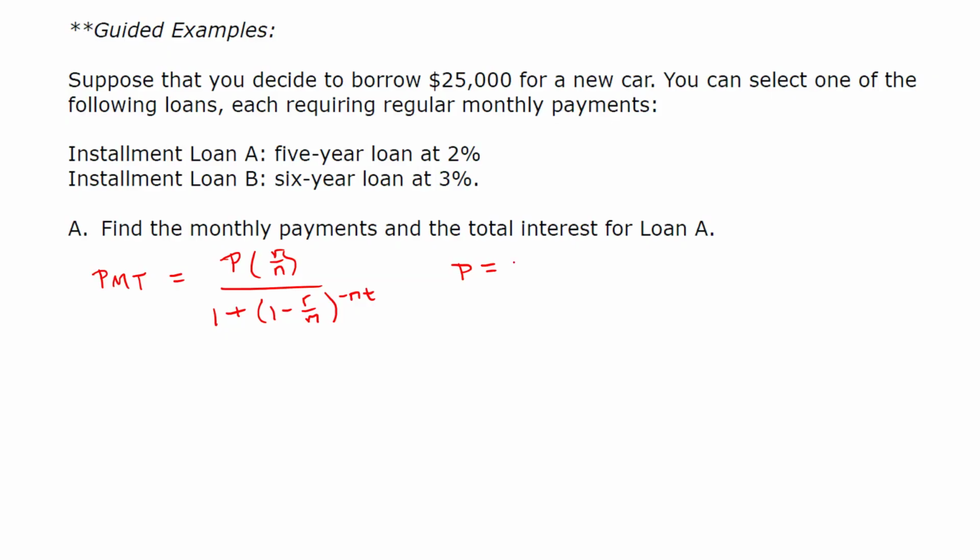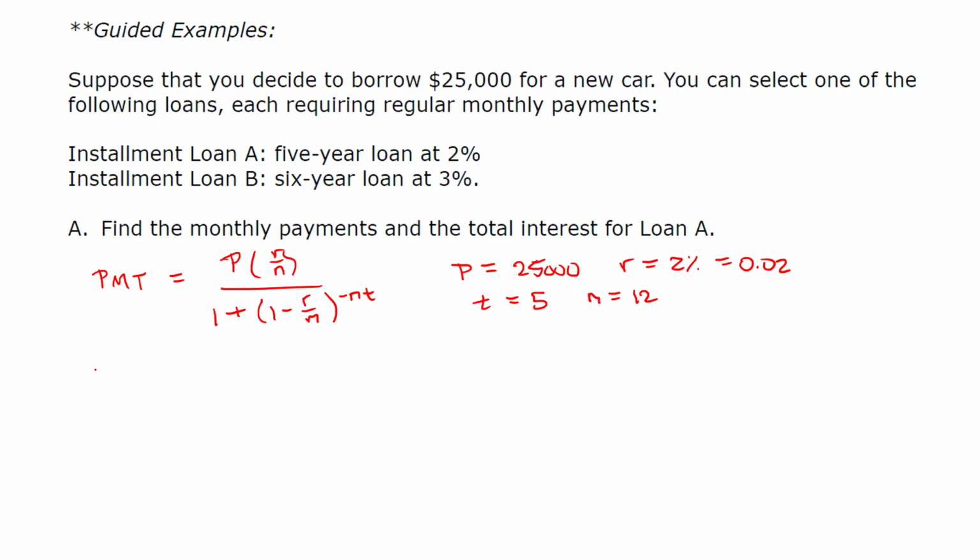P is the amount of the loan, which is $25,000. R is our interest rate for loan A, which is 2%, so that's 0.02. T is the time or the years of the loan, which is 5 years. And N is how many payments we're making per year, which is 12.